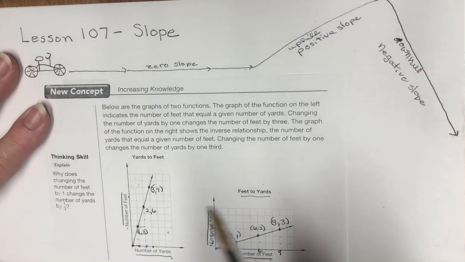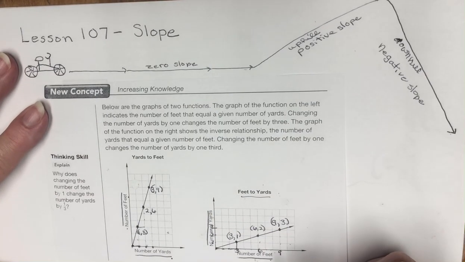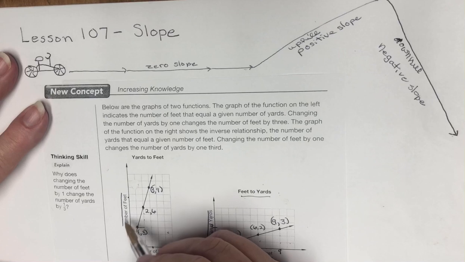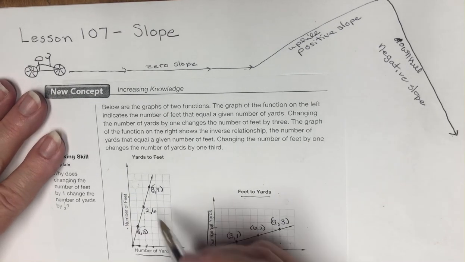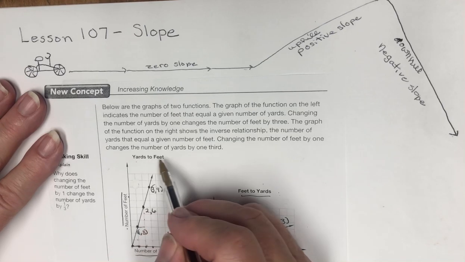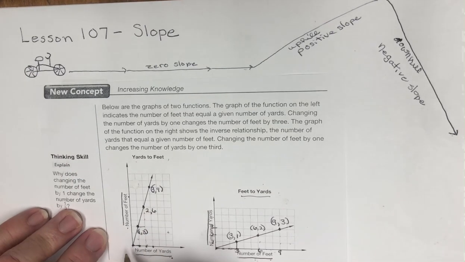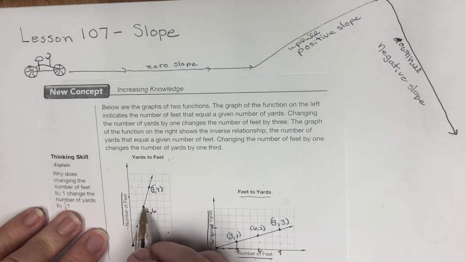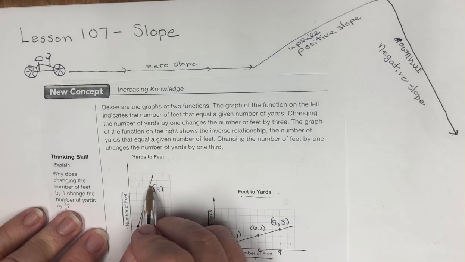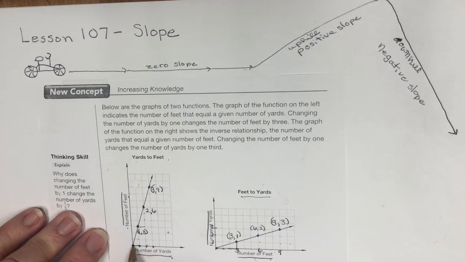So here we have the graph of two functions, and this is the number of feet and the number of yards. This is the change from yards to feet. The lines go through points right where the crosshairs of each square of the graph paper are.